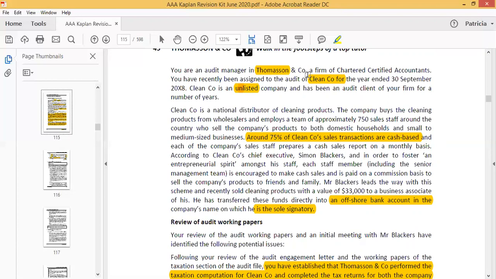The other part that we're going to talk about is that the audit firm has to establish internal reporting lines which should be followed to report any suspicions. So they should have those internal reporting policies as well.